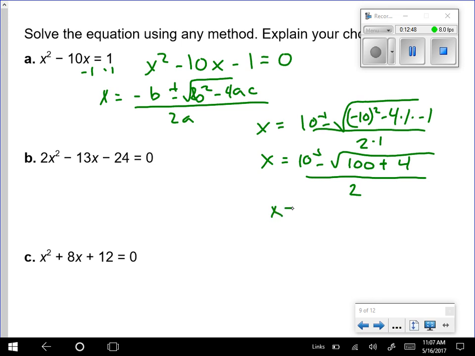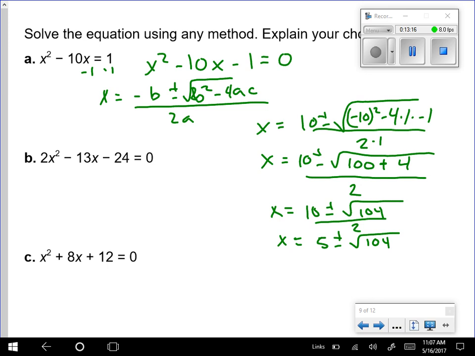So I'd have x equals 10 plus or minus the square root of 104, I believe, over 2. So to simplify that, I'd have 5 plus or minus the square root of 104.